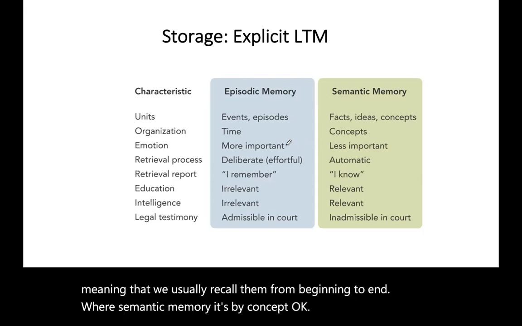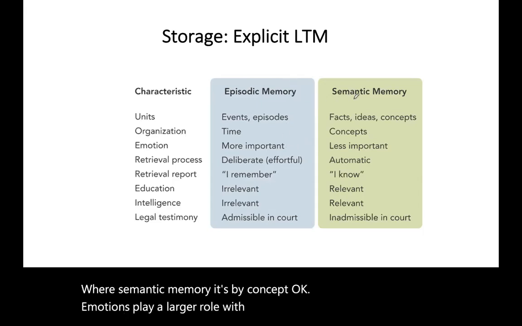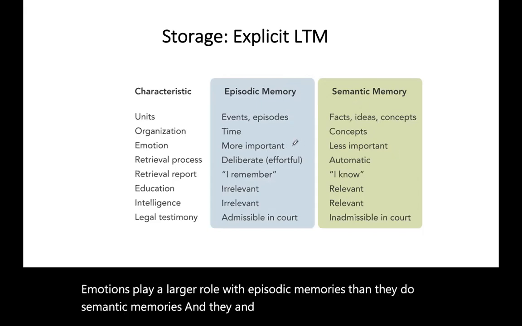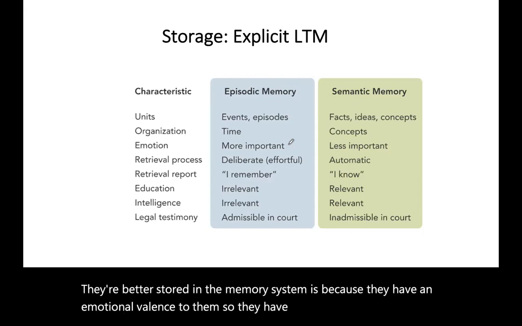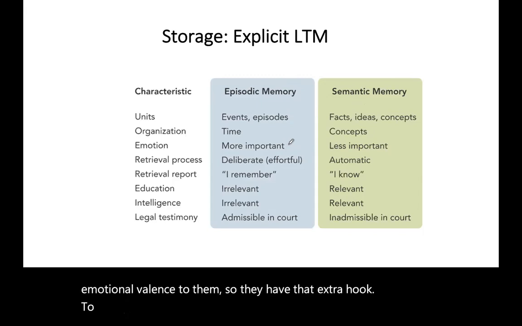Emotions play a larger role with episodic memories than they do semantic memories. And that's one of the reasons they're better stored in the memory system, because they have an emotional valence to them. So they have that extra hook to get it into the system.